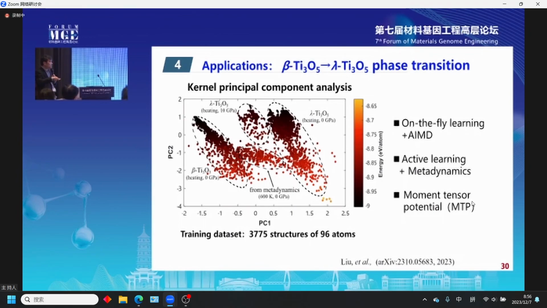We also use the metadynamics sampling technology and include the moment tensor potential. We try to fit this problem, only needing 3,775 excitations. Okay, and then you can precisely compare to experiment.